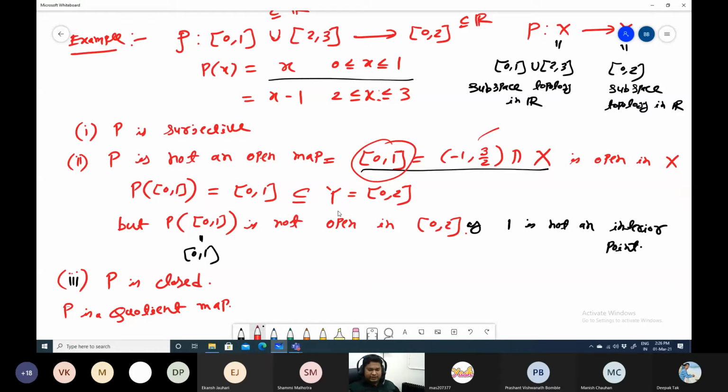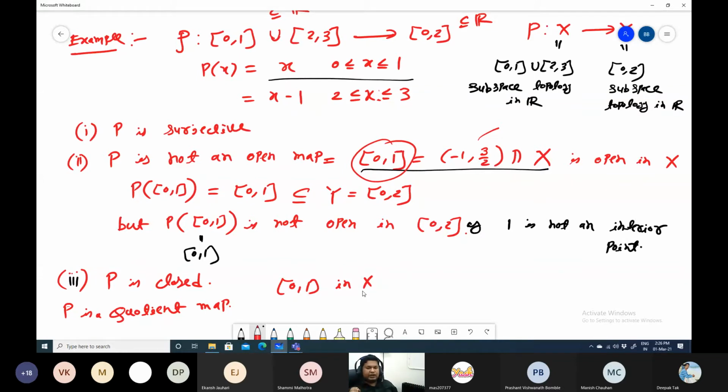Now the question is: is this open set 0, 1 in X a saturated open set? Because a quotient map sends any saturated open set to an open set. What is the definition of a quotient map?